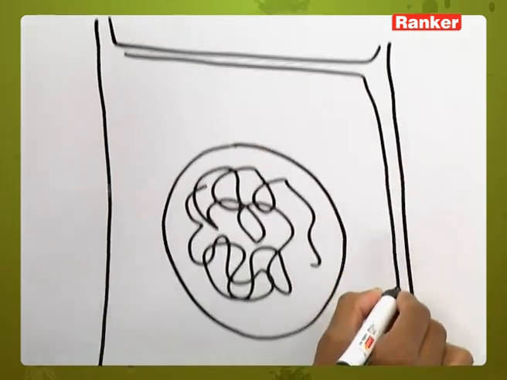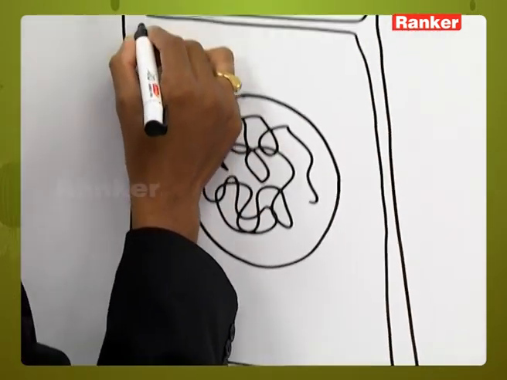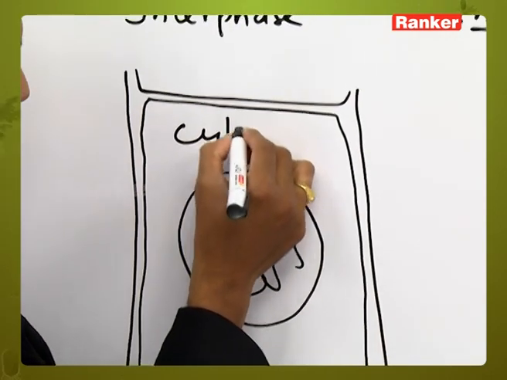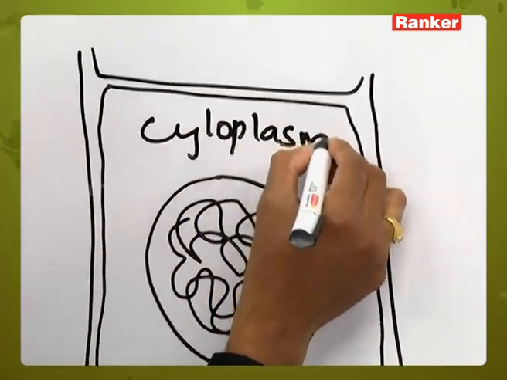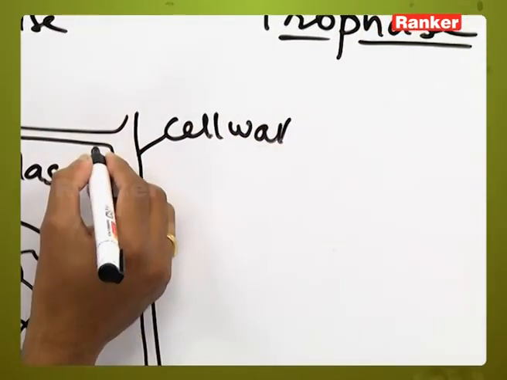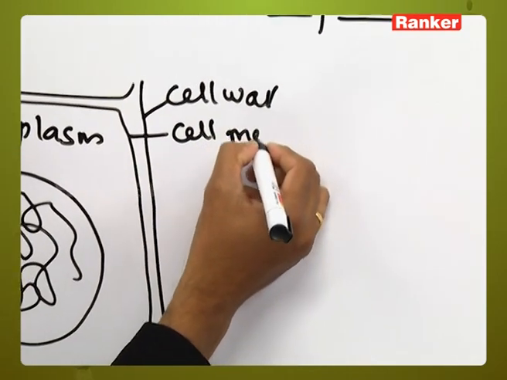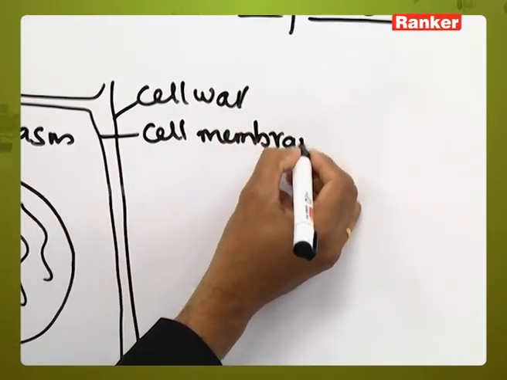This is the cytoplasm, and this is the cell wall. Inside it we can see one more layer, that is the cell membrane, the plasma membrane.